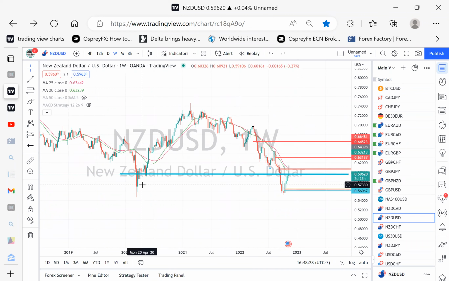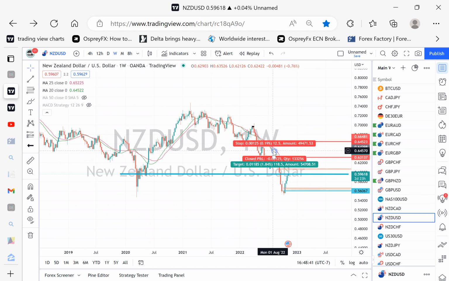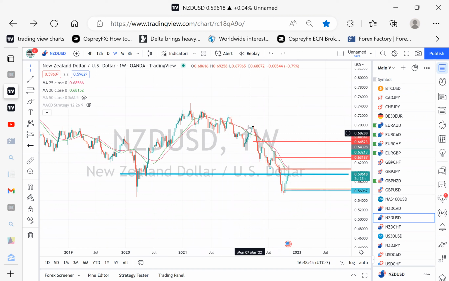But the steeper or more aggressive the trend is, the lower the numbers you'll have to use. And the less steep the trend is, the softer, the higher the numbers you need to use. And you just adjust them until you get a pattern.